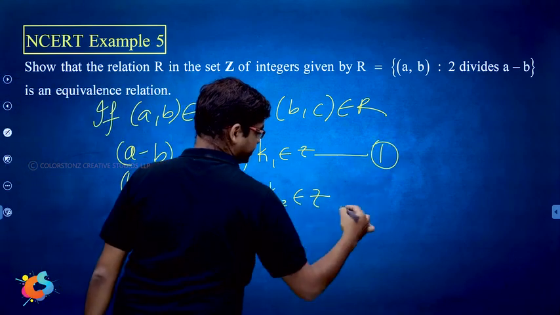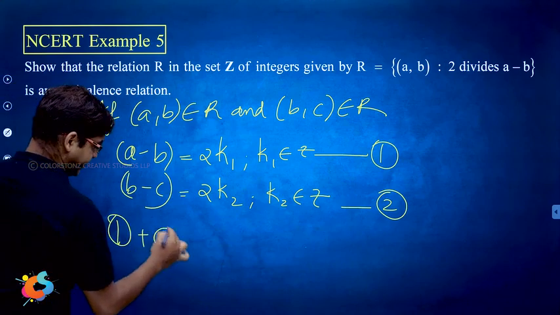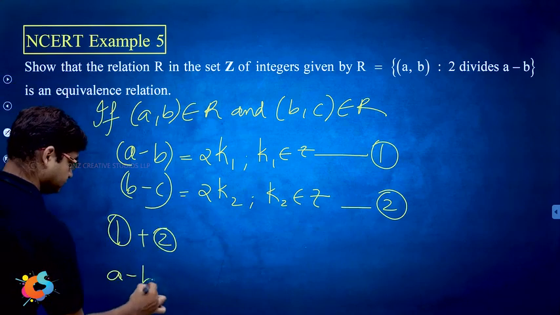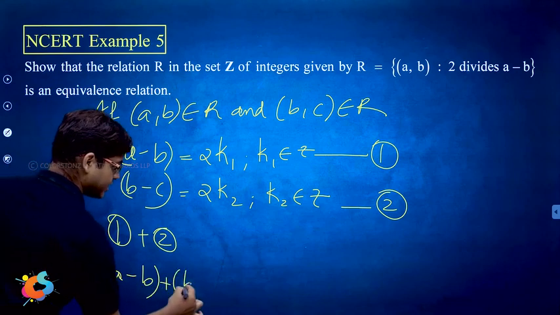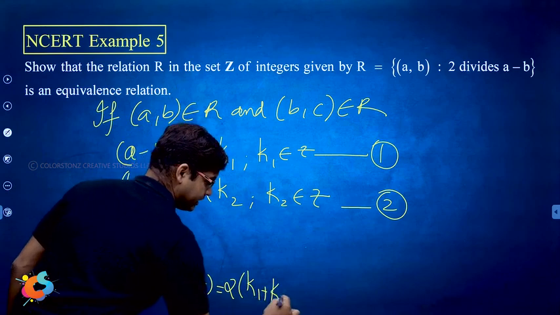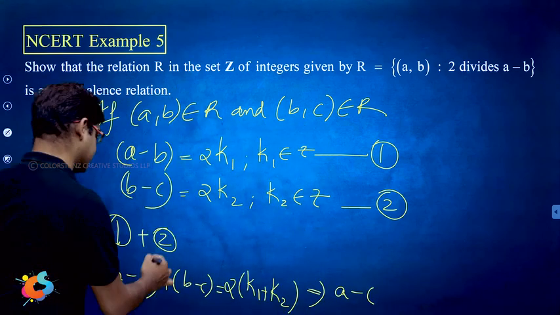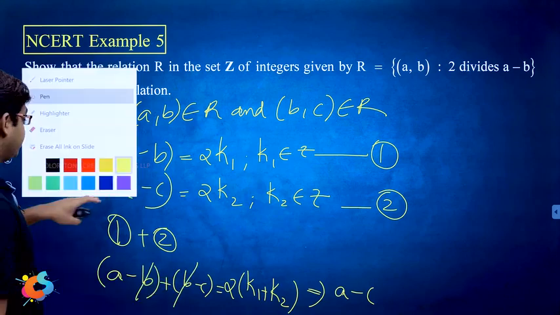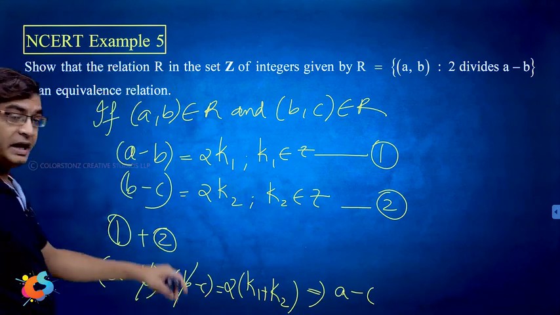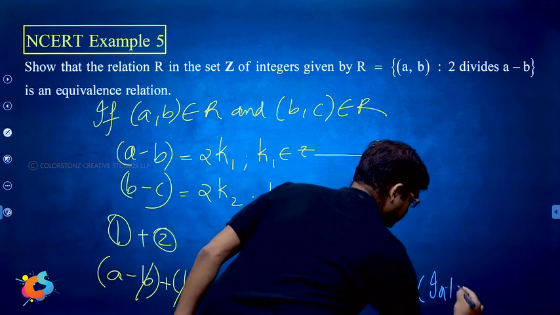This is, let us say, first, and this is second. So first equation plus second equation will be a minus b plus b minus c is equal to 2 into k1 plus k2. Implies here b is getting cancelled, and therefore we have a minus c is equal to 2 into some integer.